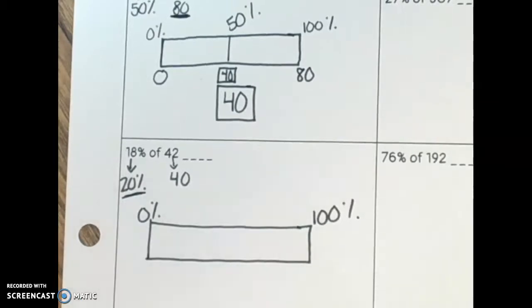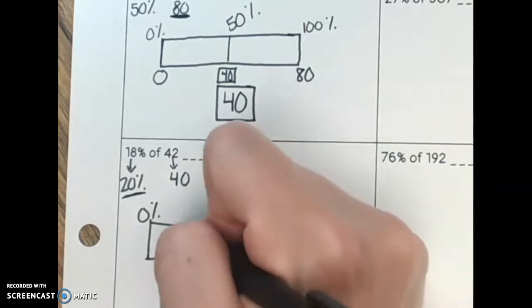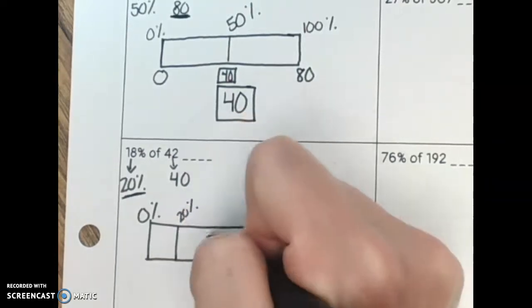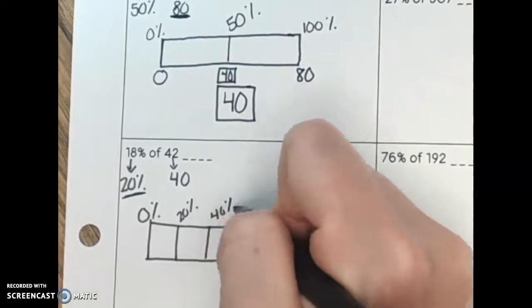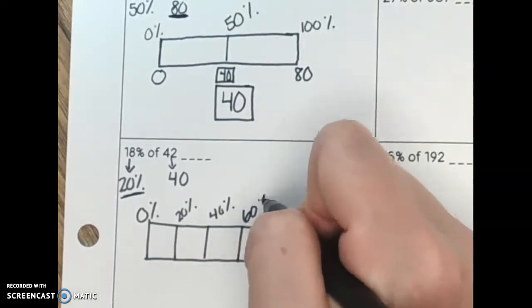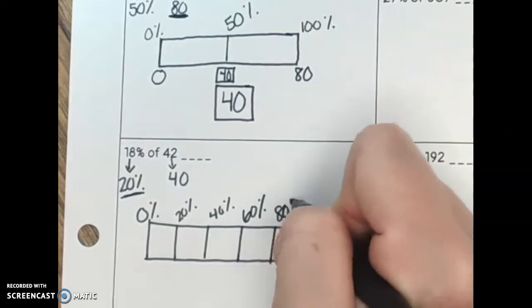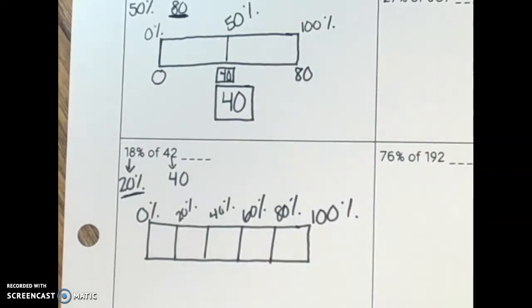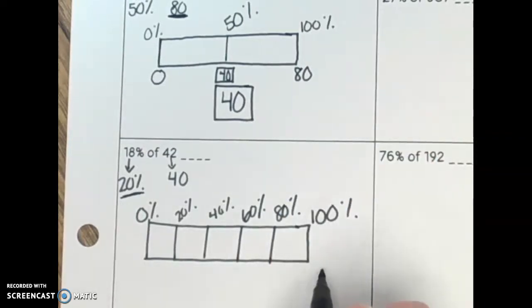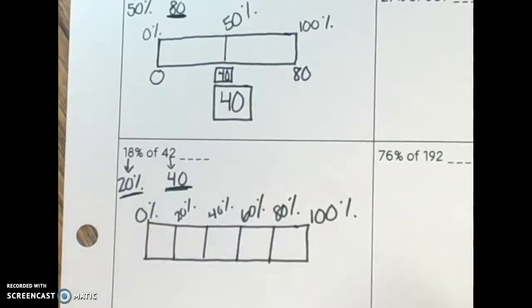And so we're going to use 20s because 20, 40, 60, 80, 100 will get us there. So we have 20%, 40%, 60%, and then 80%. At 100%, down here, we need to write 40.